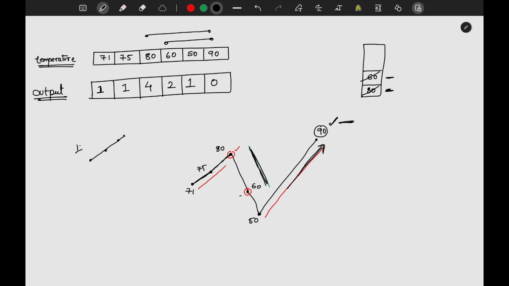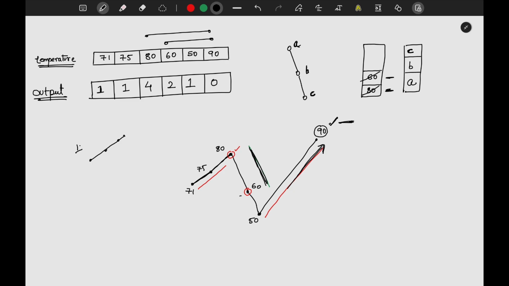One more thing we should notice is we are storing values in downward fashion. That means if these are A, B, and C, the value of C will be smaller than B, and the value of B will be smaller than A. That means on the top of the stack, the value will always be the smallest, right?